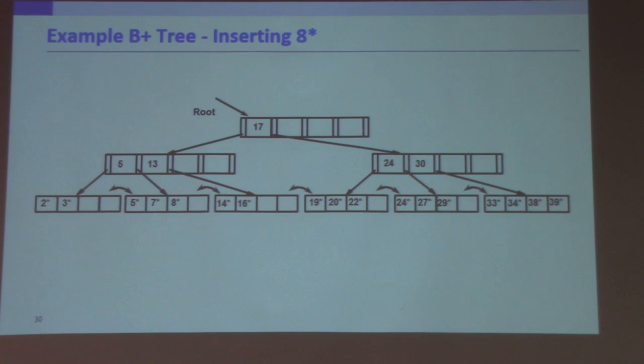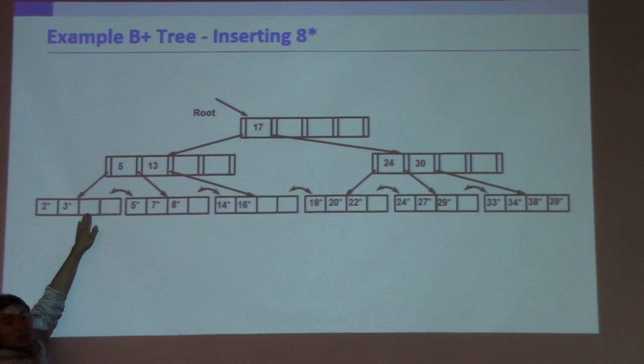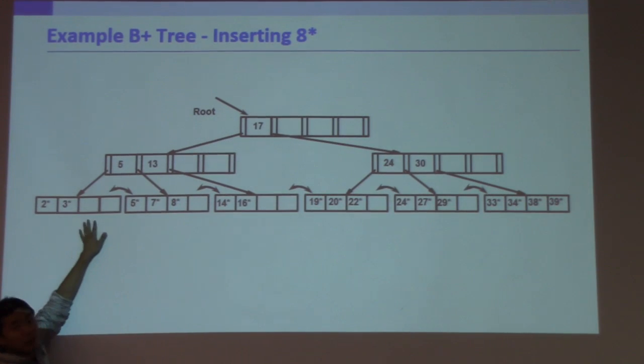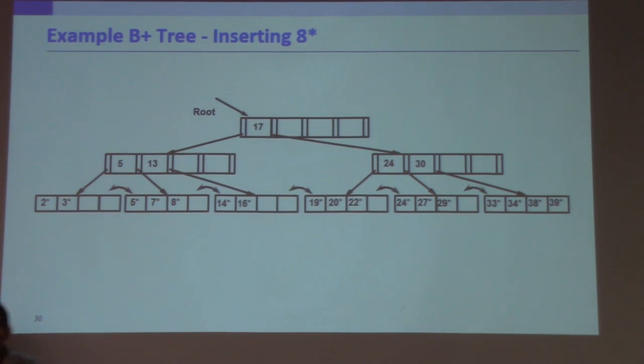Following your suggestion, if we insert 9 and then 10, what we can do is move 5 to here. So this becomes 7, 8, 9, 10, and this becomes 2, 3, 5. But if you do that push operation when you borrow space, you cannot simply push in the leaf level, because you have to update that index entry.